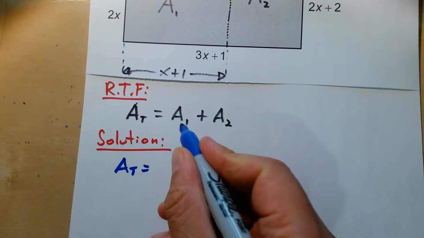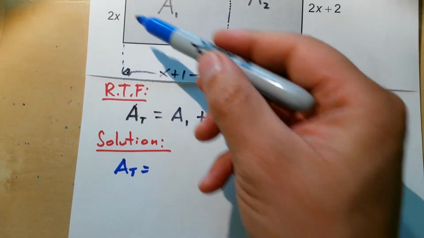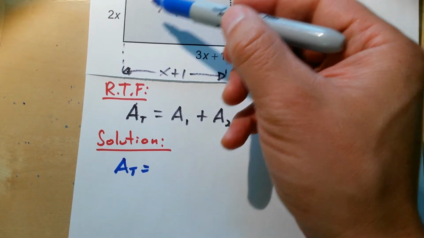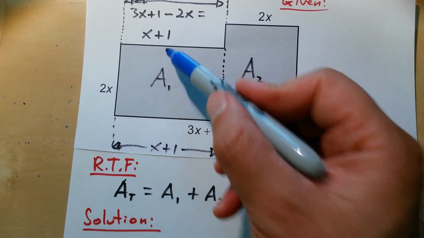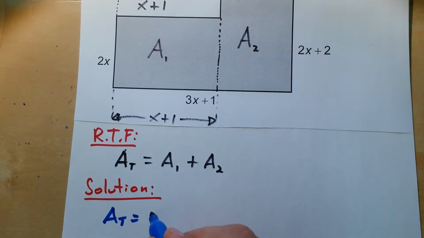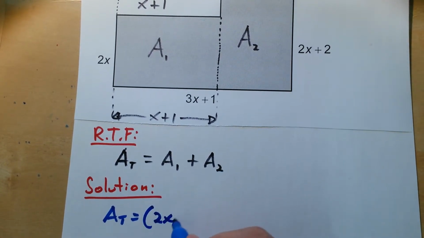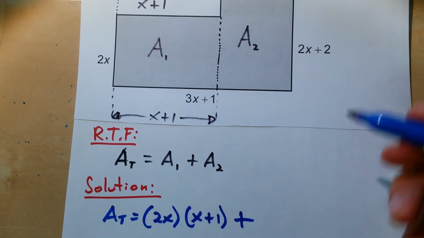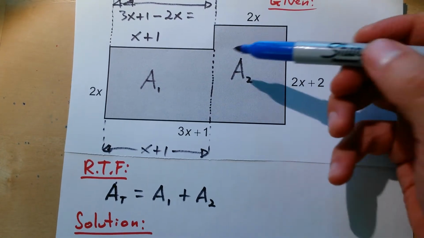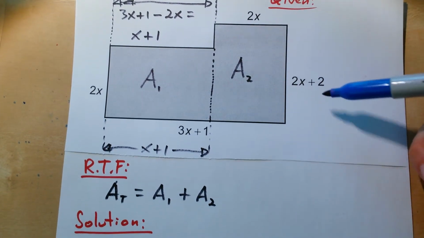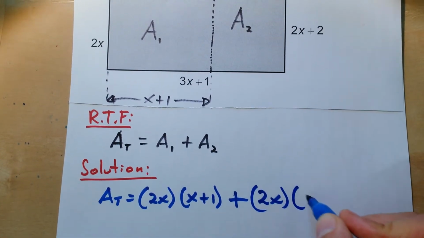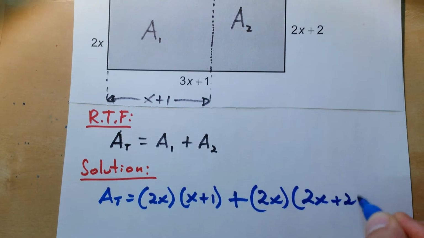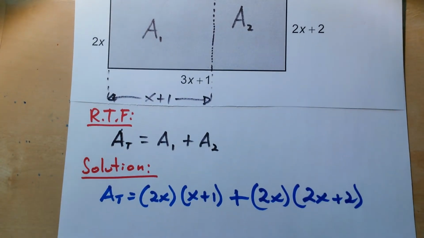Total area is going to be area 1. Area 1 would be 2x times x plus 1, length times width. Plus area 2, which is also length times width. So 2x times 2x plus 2. So we have this expression.